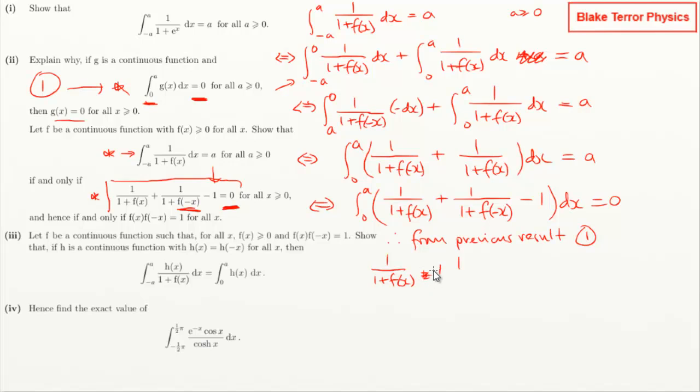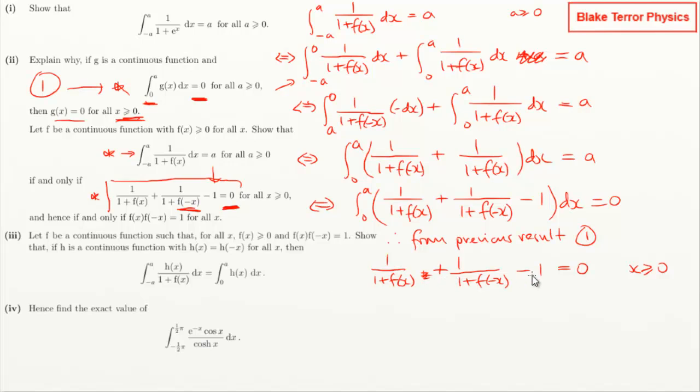Oops, I've written an equal, plus 1 over 1 plus f of minus x minus 1 equals 0. But this is, because we've got the condition there, for x greater than or equal to 0, because we've got that condition inside the previous result. Okay, so that was swell. And that would be reversible as well, wouldn't it?